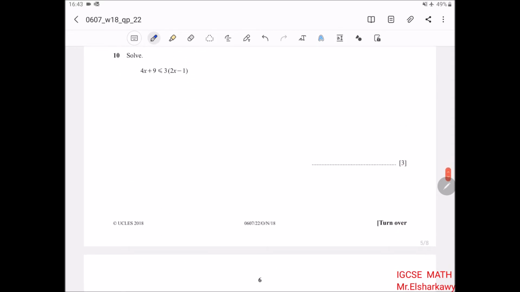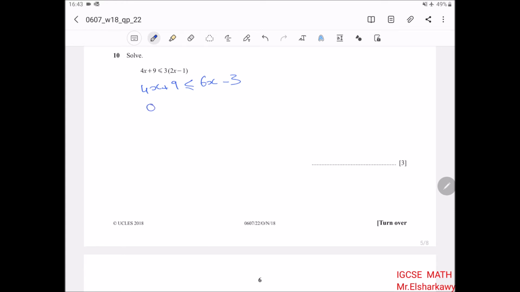Question 10. Solve 4x plus 9 is less than or equal to 3 times 2x minus 1. We open the bracket, so it's going to be 6x minus 3. Then we move all the terms, 4x plus 9, to the other side.